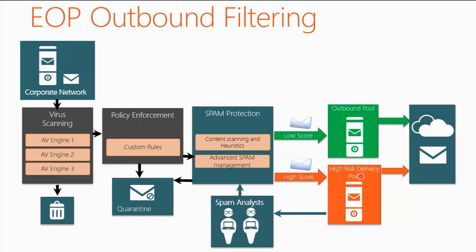Yeah. So the question was, if my IP address gets blacklisted from on-premise, sending the mail to us, to EOP, what's going to happen? So the answer is, right now, we don't do that. We will accept all mail from our customers.